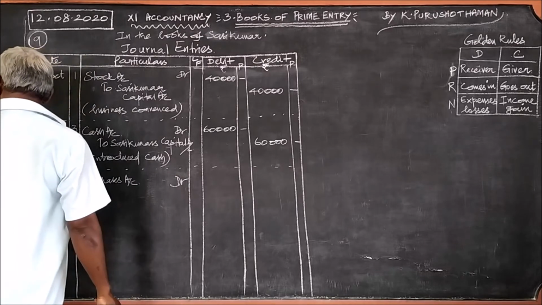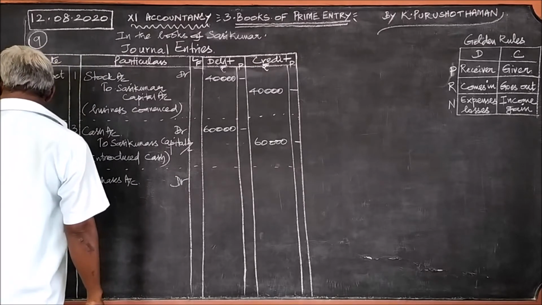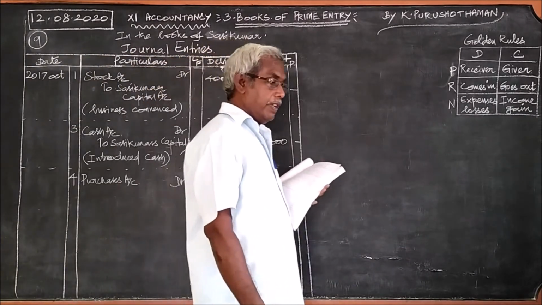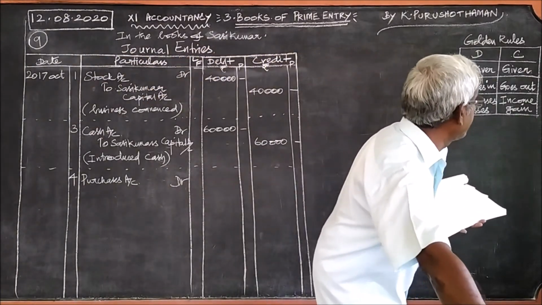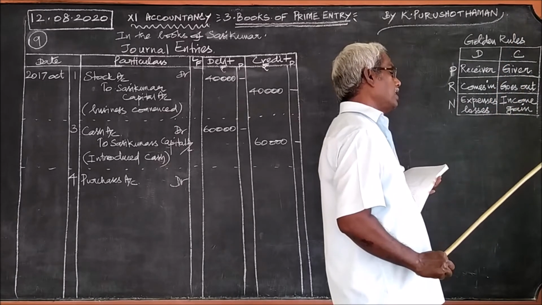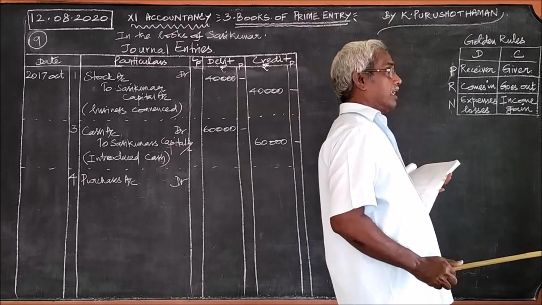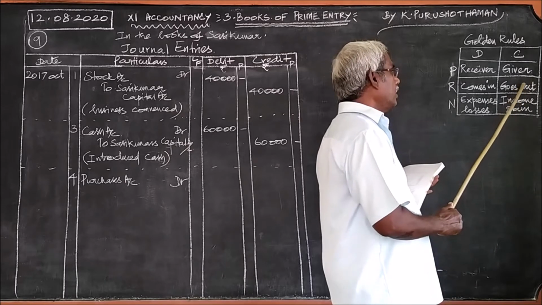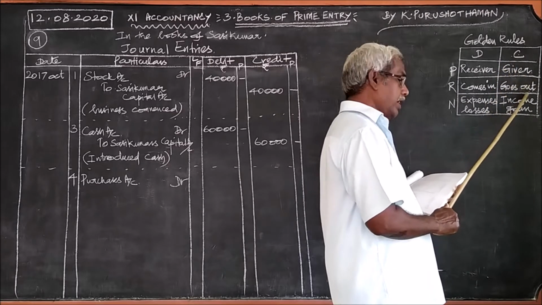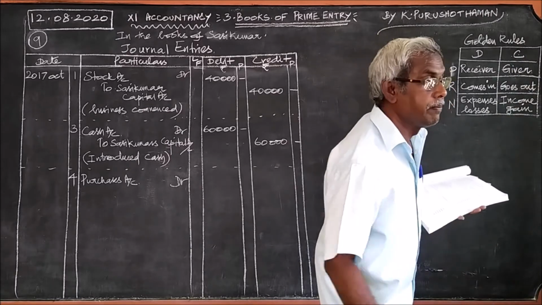And the goods are purchased on credit from Arul. When we buy goods for cash, cash goes out. But here the goods are purchased on credit, so nothing goes out, but who is the giver? From Arul we bought, therefore Arul is the giver.